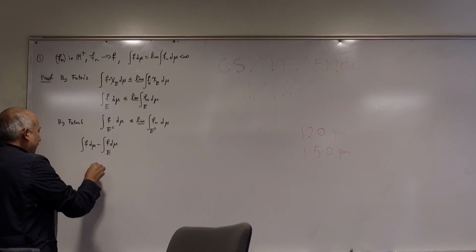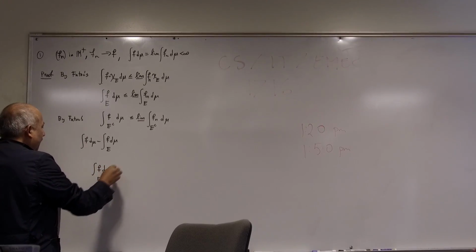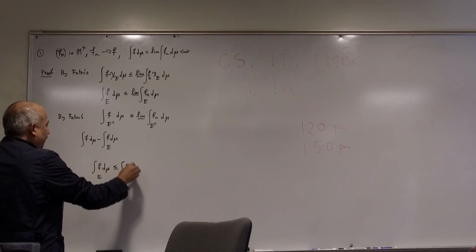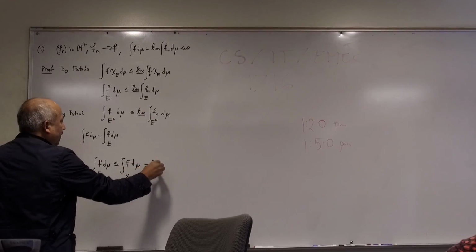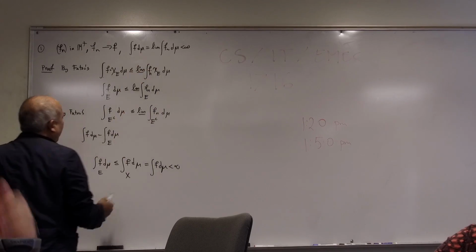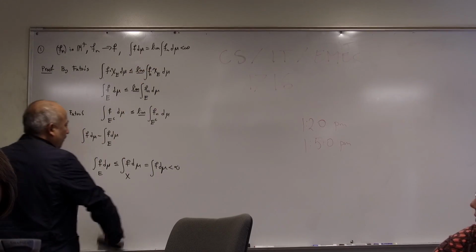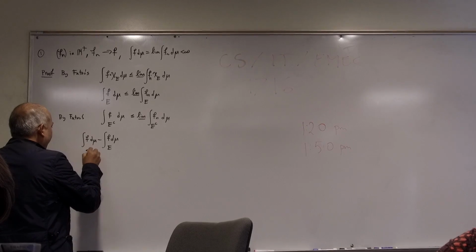The integral of f d mu on E is less than or equal than the integral of f on the universe, and that's finite because of that. Therefore, each of these is a finite number.